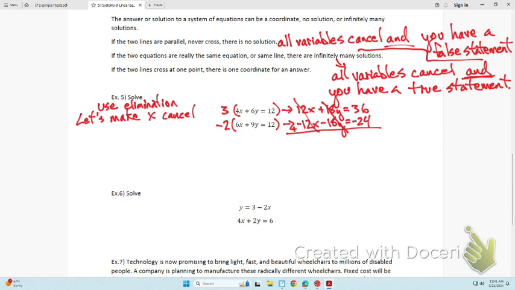When that happens, double check that you didn't mess up, but we didn't mess up. So just write what the result is. We have 0 on the left side. On the right side, we have 12. And does that make any sense? That's false. This is no solution.